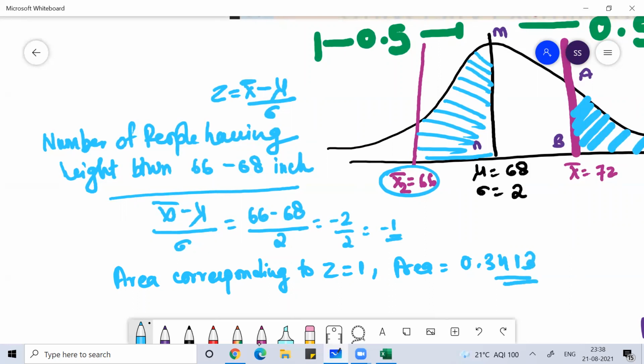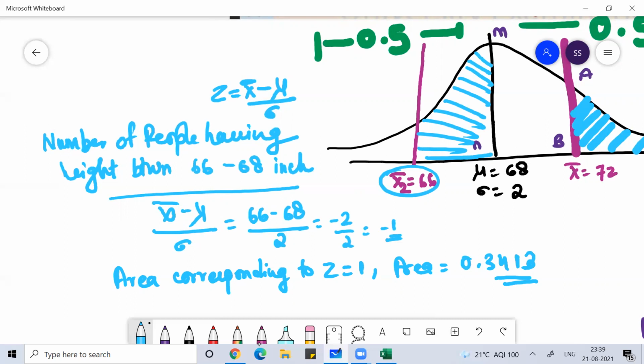This area is 0.3413. So lesser than this is 0.5 minus that, and this is 0.5 plus this. So this area is 0.3413.